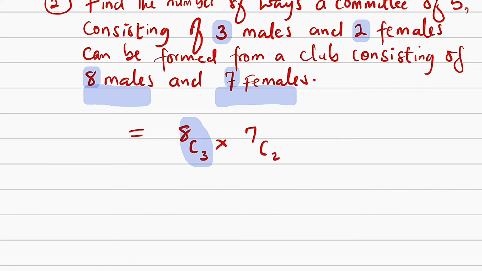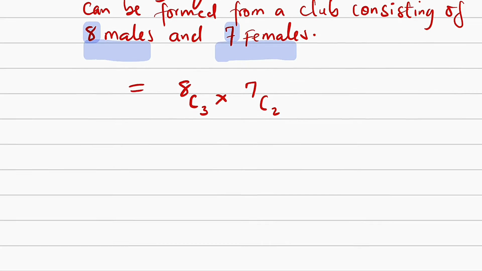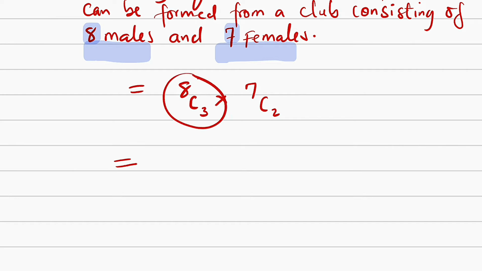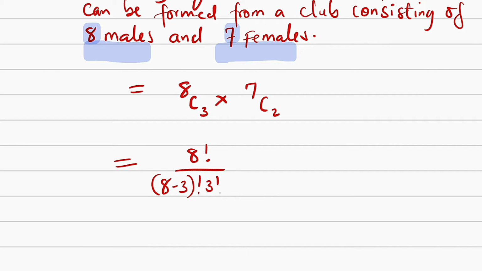While 8 combination 3 stands for the number of ways 3 males can be selected from 8, 7 combination 2 stands for the number of ways 2 females can be selected from a group of 7 females. So this is equal to, for 8 combination 3, 8 factorial divided by 8 minus 3 factorial, then 3 factorial, then multiply by 7 factorial divided by 7 minus 2 factorial, then 2 factorial.